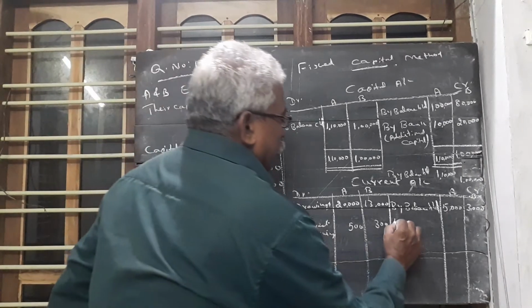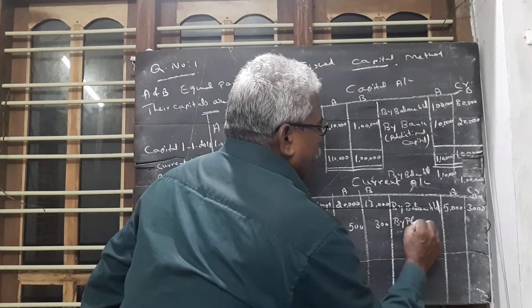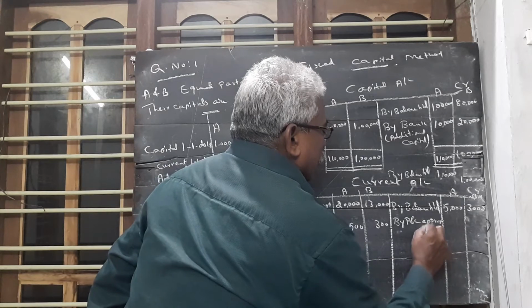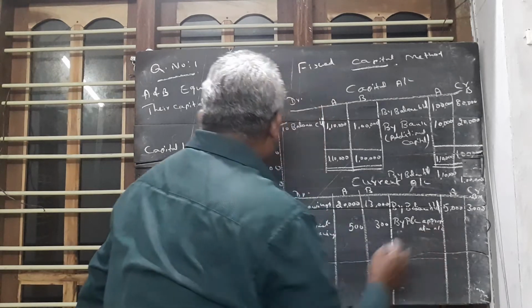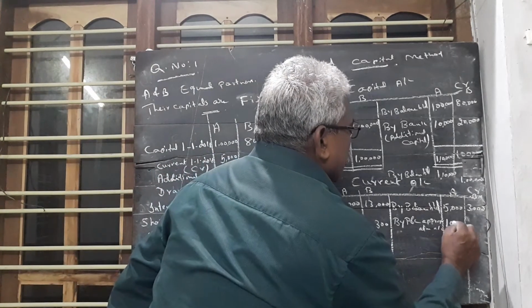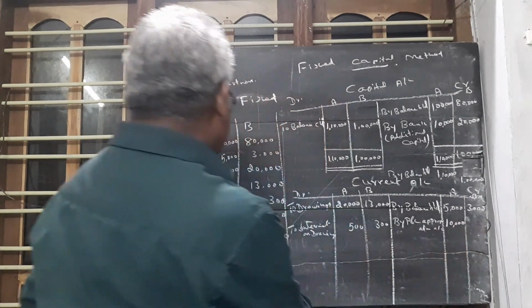Share of profit, by profit and loss appropriation account. Share of profit 10,000 and 8,000.